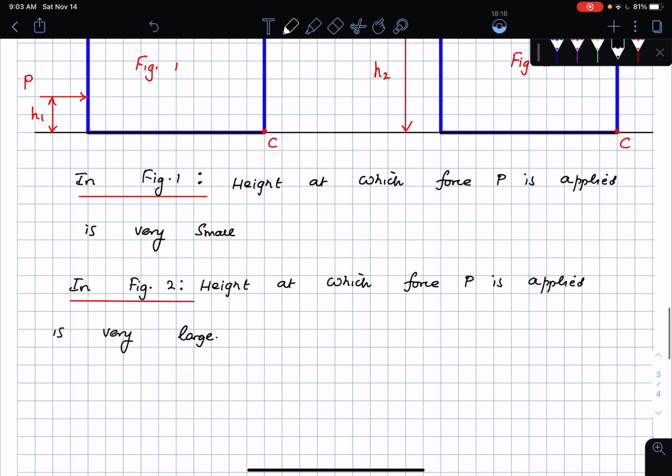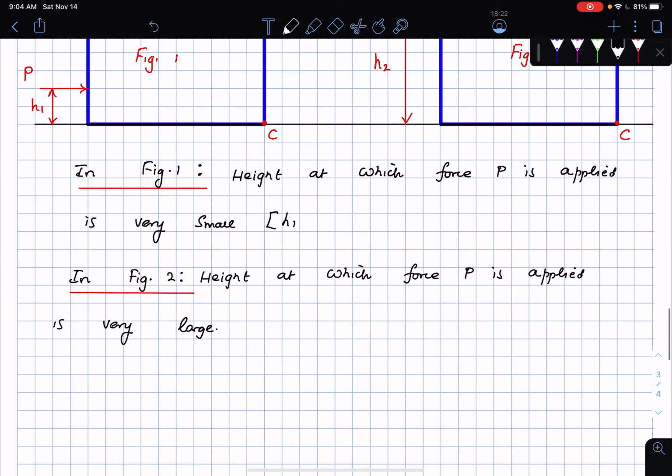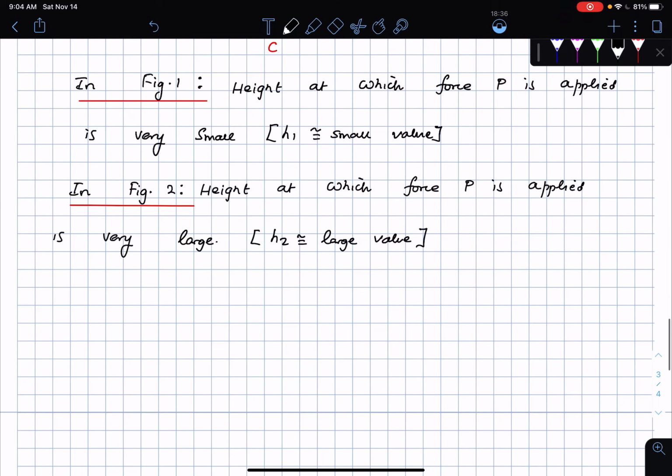What is the situation here? If the height h, so this height h1, is a small value, and in this case h2 is a large value. If the height h1 applied is a very small value, then the box has a greater chance of sliding than tipping.